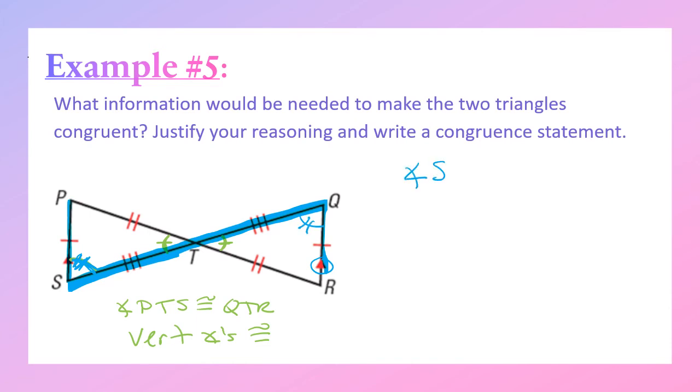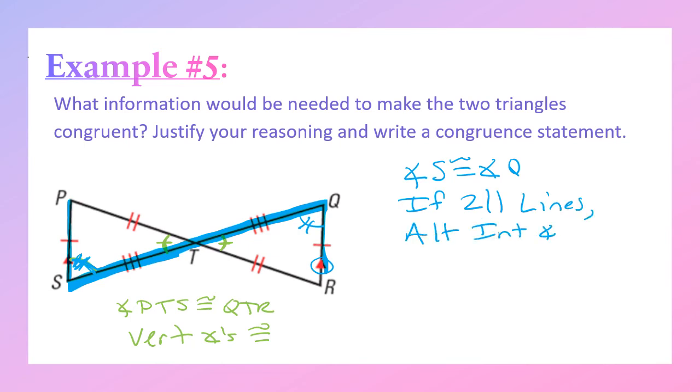So angle S is going to be congruent to angle Q, because if you have 2 parallel lines, then alternate interior angles are congruent.